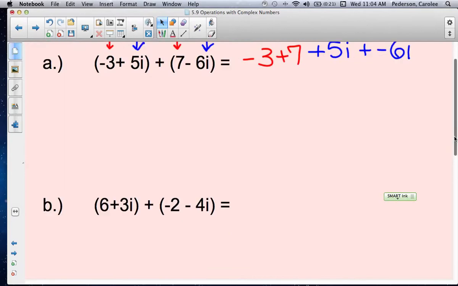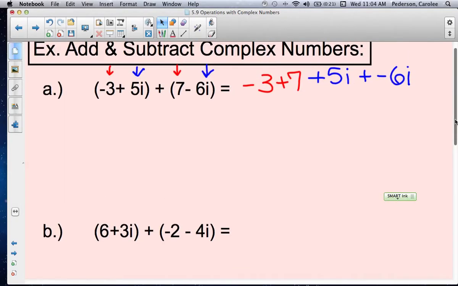Now I'm going to combine like terms. Negative 3 plus 7 is 4, and then 5i minus 6i is negative 1i. So there is a new complex number.